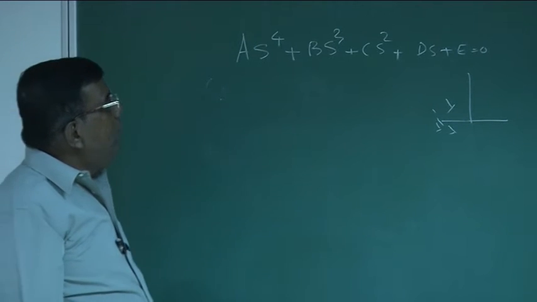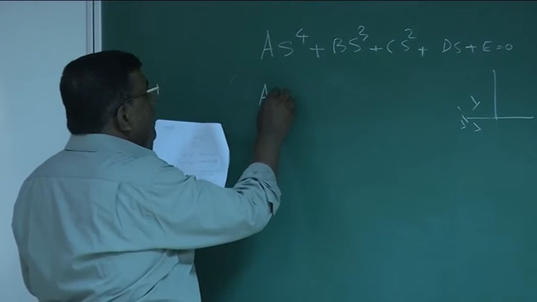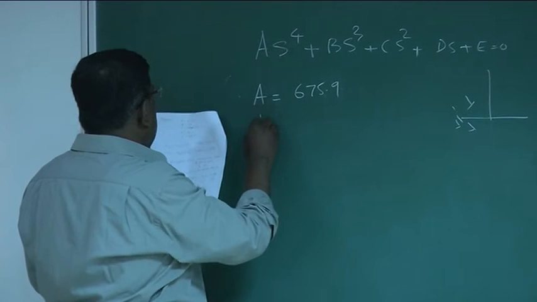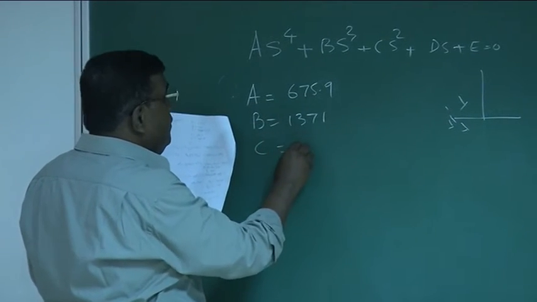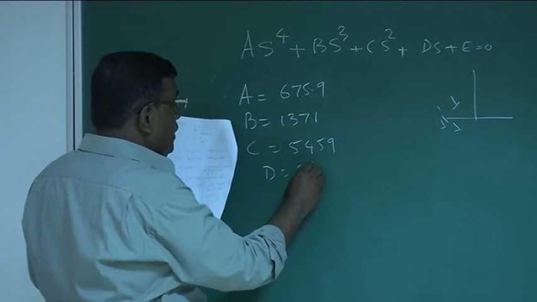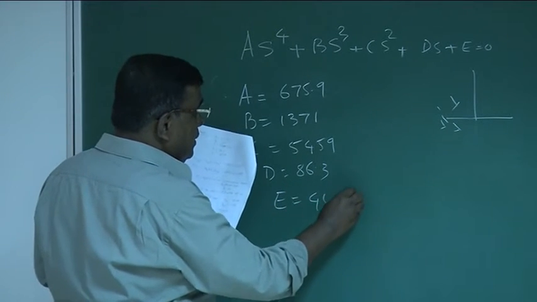But we have seen through one example, where for a given airplane, the value of A was 675.9, B was 1371, C was 5459, D was 86.3, and E was 44.78.